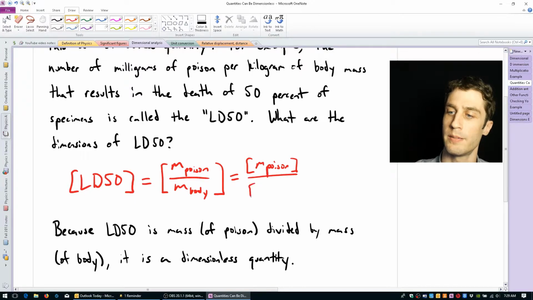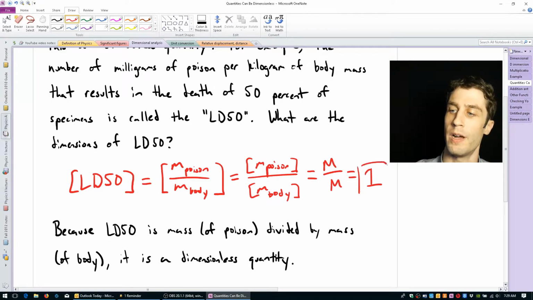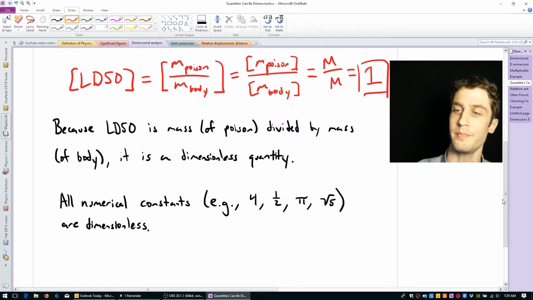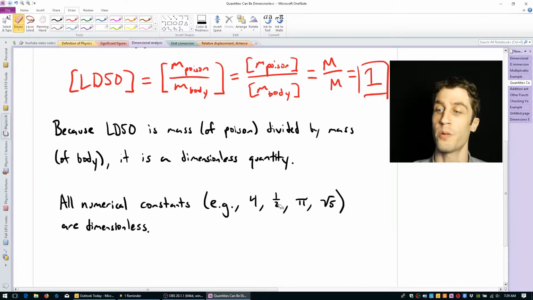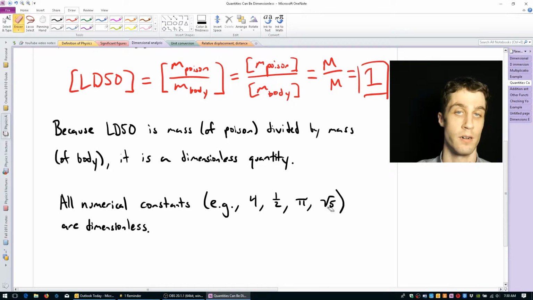Dimensions of mass of poison divided by the dimensions of the mass of the body, which is mass divided by mass, which we write as 1. Okay, so that's saying that the LD50 is a dimensionless quantity. Because LD50 is a mass of poison divided by a mass of body, it is a dimensionless quantity. All numerical constants, so for example 4, 1/2, pi, or the square root of 5, are all dimensionless.